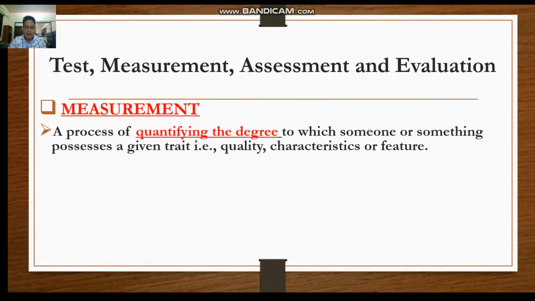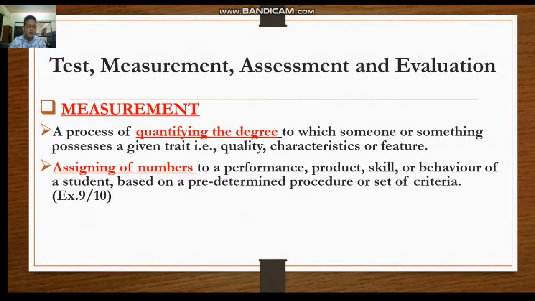Namely, quality, characteristics, or feature, okay? So it is also assigning of numbers to a performance, product, skill, or behavior of a student based on a predetermined procedure or set of criteria.